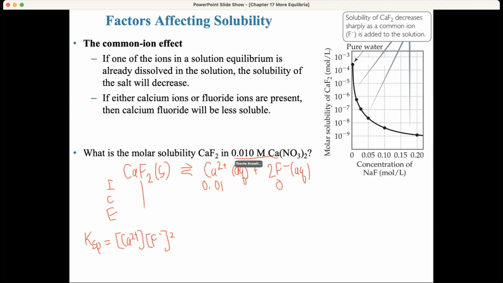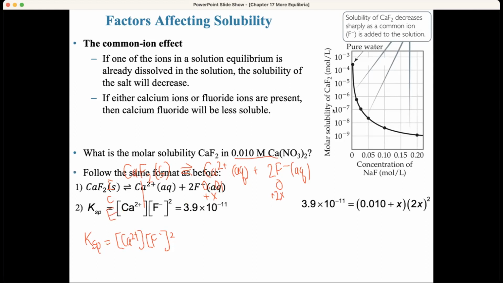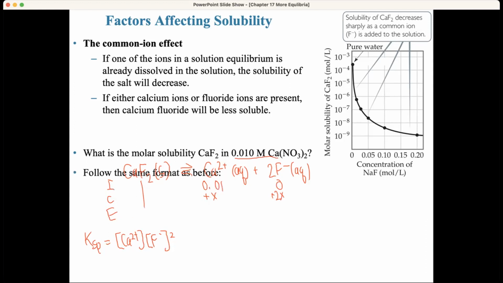So I still need to add some. I'll add X and I'll add 2X, but it's going to be a different X. And there's that KSP value, 3.9 times 10 to the negative 11, that's what I needed.